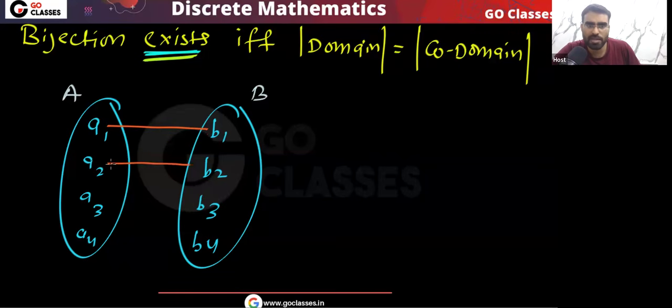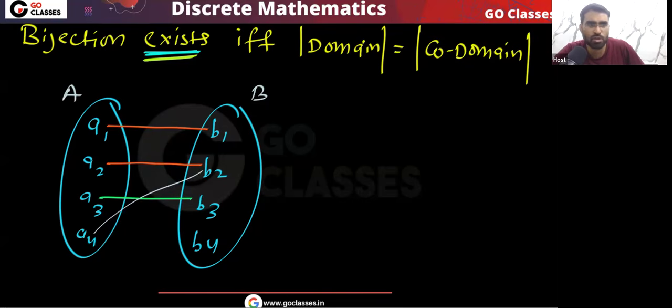Okay. So I can put like this, that A2 is mapping to B2. Next, you can notice, can A3 map to B1? No, because bijection means injection and surjection. This is not injection. Can A3 map to B2? No, because this is not injection. So A3 is mapping to B3. And finally, A4, can it map to B2?